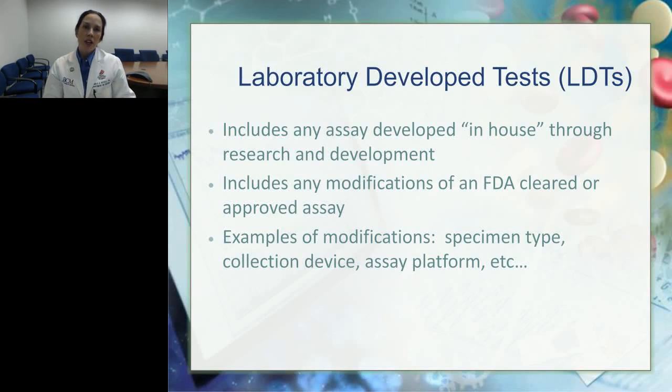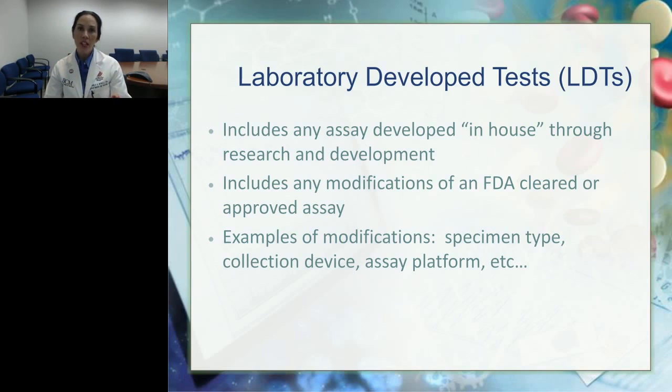So what about all the other tests? A lot of tests done are not things that we get commercially from companies that have been cleared or approved by the FDA. They're what we call laboratory developed tests, or LDTs. These assays include anything that's developed internal to your own lab through research and development, but importantly also anything that is a modification of an existing FDA cleared or approved test.